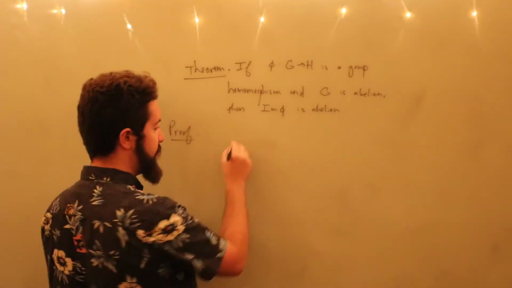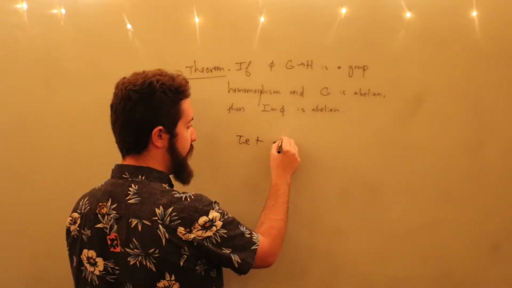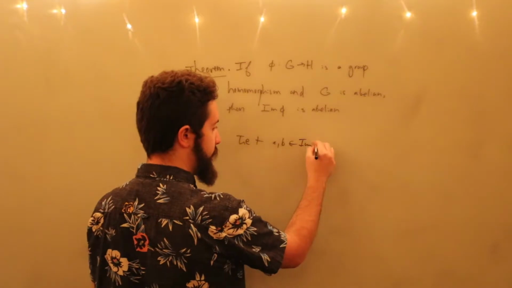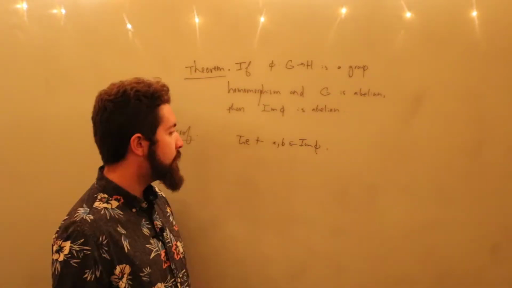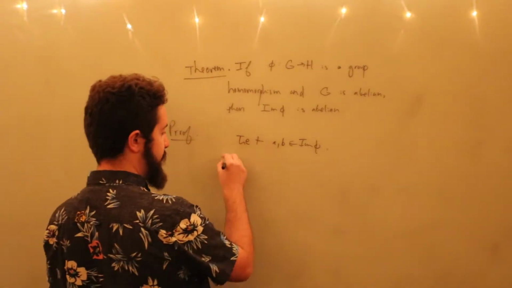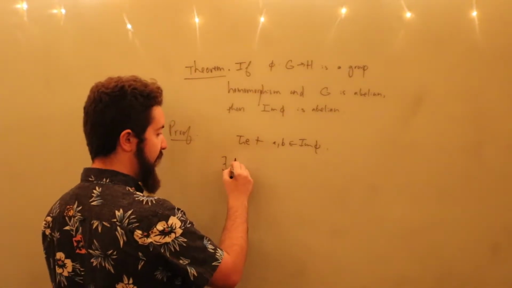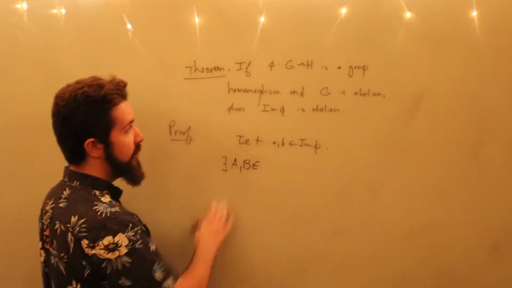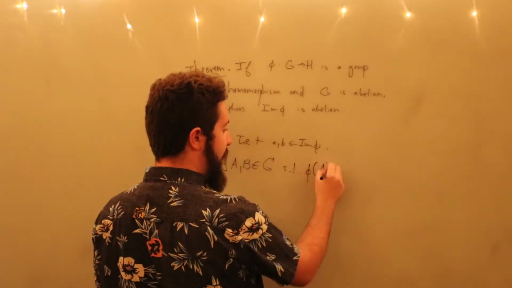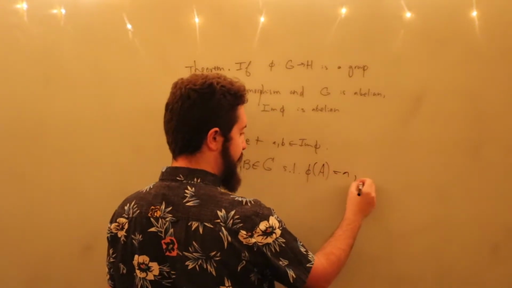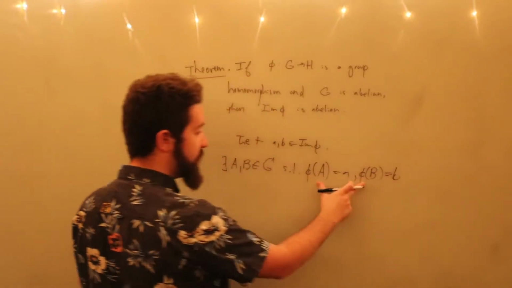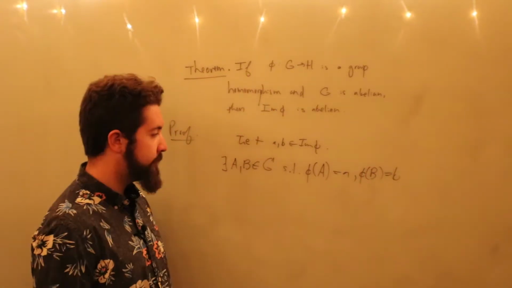So to prove this, we're going to let little a and little b be two arbitrary elements in the image under phi. But since it is the image set, we know there must exist elements, we'll call them capital A and capital B, in the group G, such that capital A maps under phi to little a, and capital B maps under phi to little b.